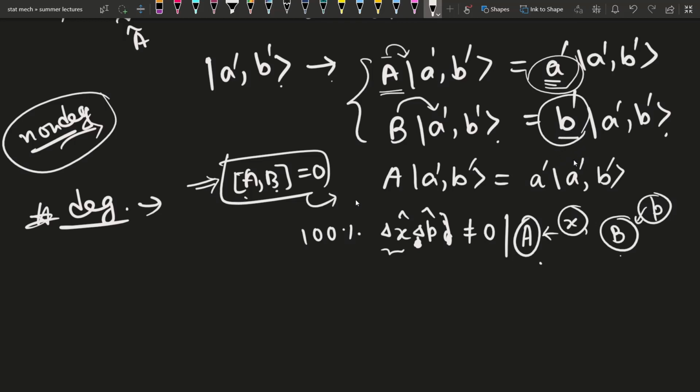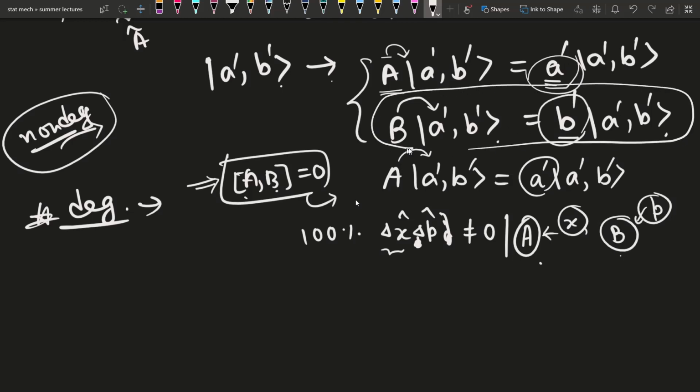If we then again operate A on that state, we will get the same eigenvalue we got before, because this operation is not affecting the operator A, right? Because only then can we get the same eigenvalue as we got before.